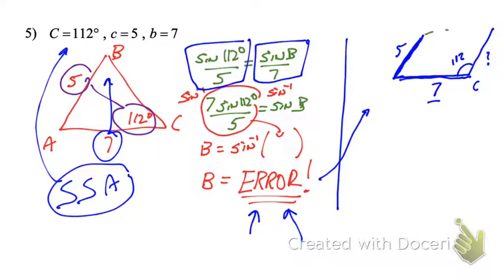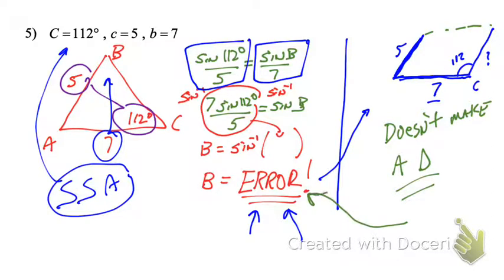There's no way that these are going to connect. So the information that we are given doesn't make a triangle. And this is how the calculator tells us that. We get to this spot here and it will say error.